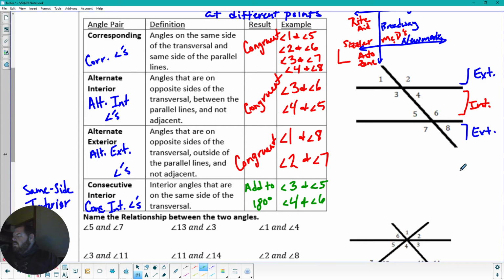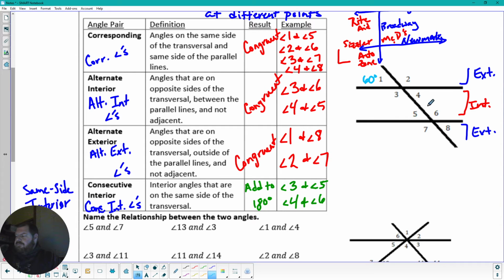180 degrees. Okay. Now, the amazing thing with all this is as I look at this, there's 8 angles there, but there's only 2 different angle measures. Okay? That's what it really comes down to. From everything that we've said so far, let's say angle 1 is 60 degrees, just throwing a number out there.